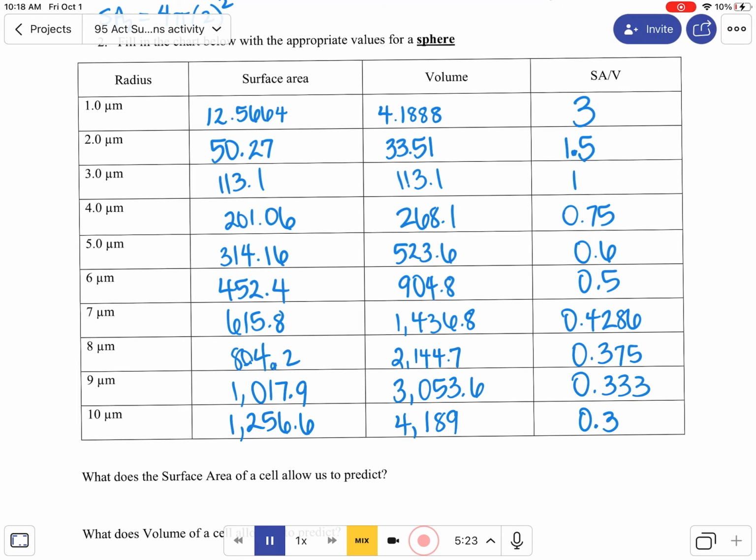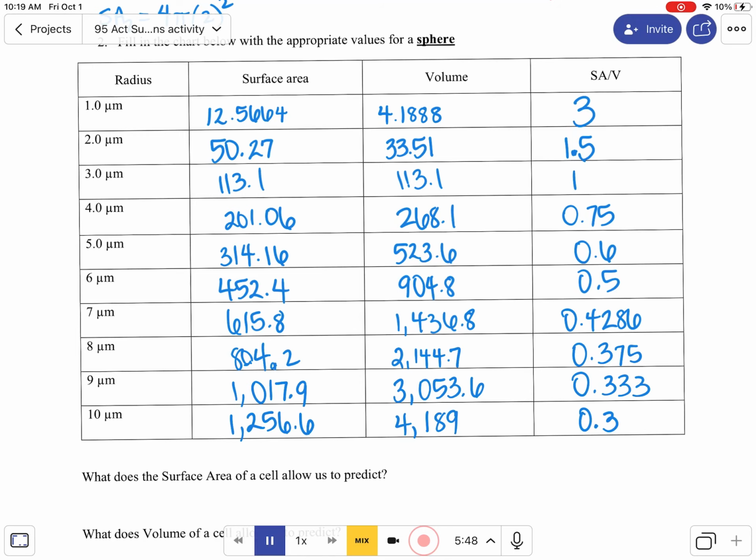So, what does this tell us? Why is this important? Well, there's two things about these concepts, this ratio that we are evaluating. We are looking at the surface area and we're looking at the volume in order to calculate that surface area to volume ratio. So what does the surface area of a cell allow us to predict?